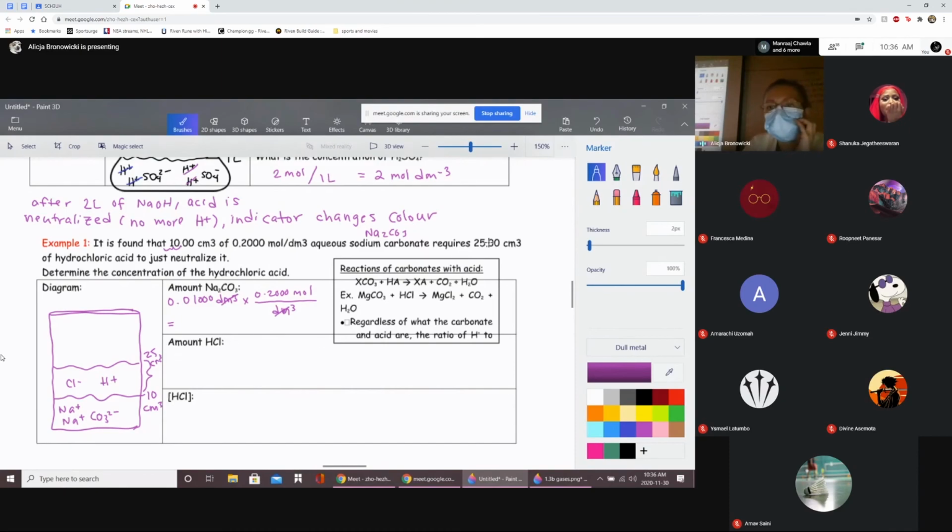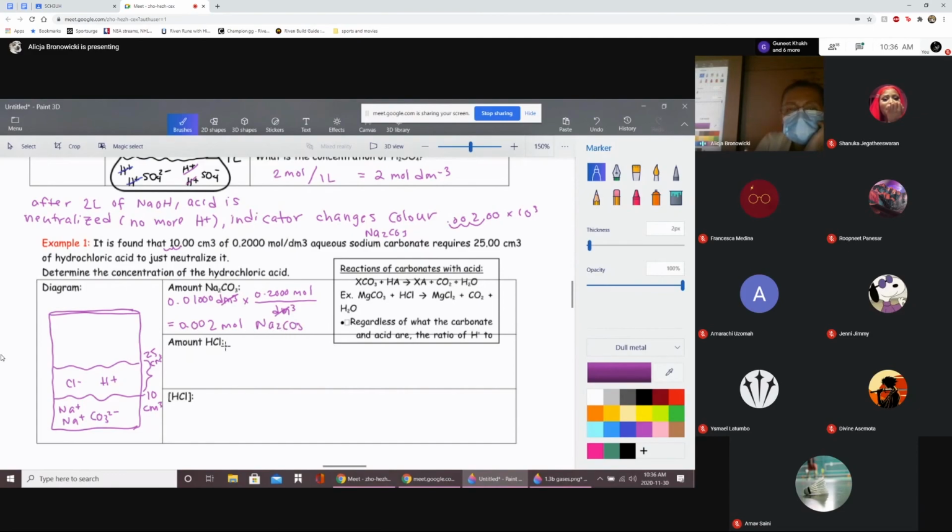I hate that my calculator is just, I'm not even going to say the word. 0.002 mole Na2CO3. Okay, so that's how many moles of Na2CO3 I have.